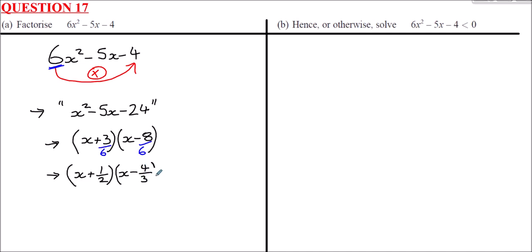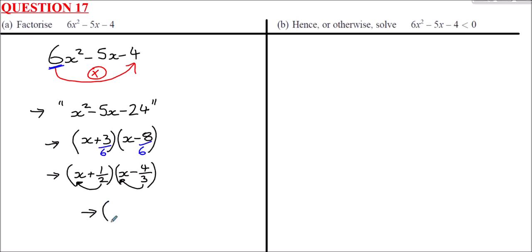At this stage, if any denominators remain in these fractions, we just shove them to the front. So all we need to do now is put the 2 in front of the x and put this 3 in front of the x in that bracket.